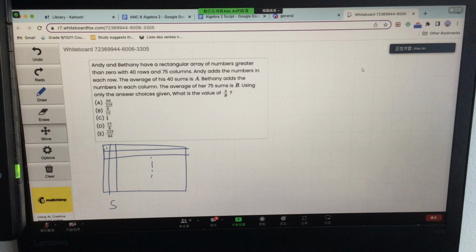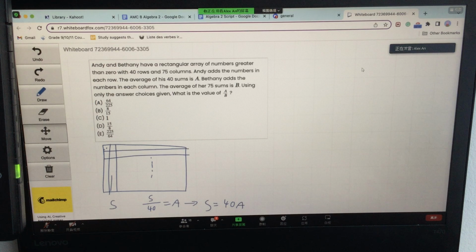We know that the average of the 40 row sums is A, so S divided by 40 is equal to A. Wait a minute, sorry, S is equal to 40A.